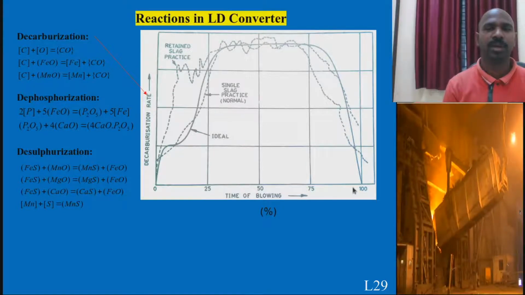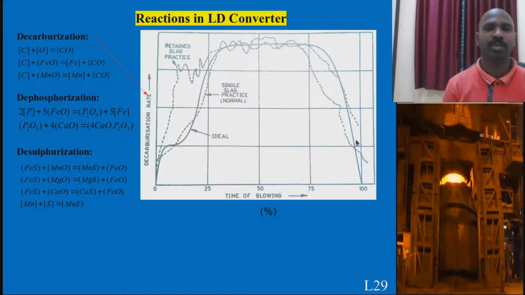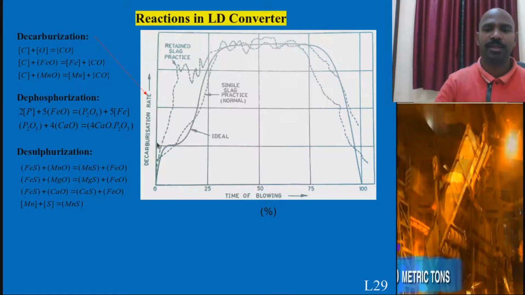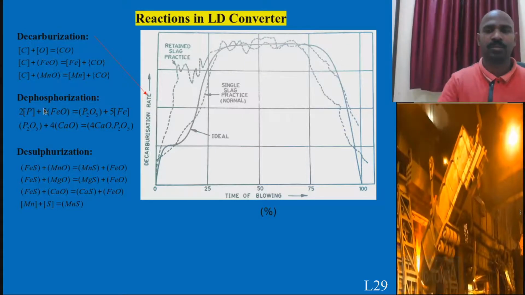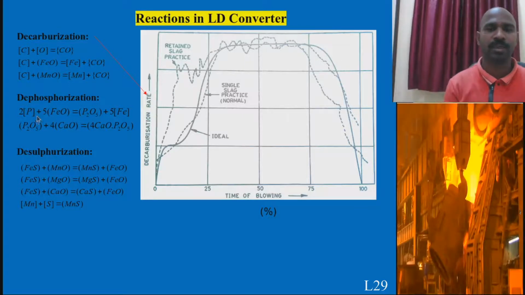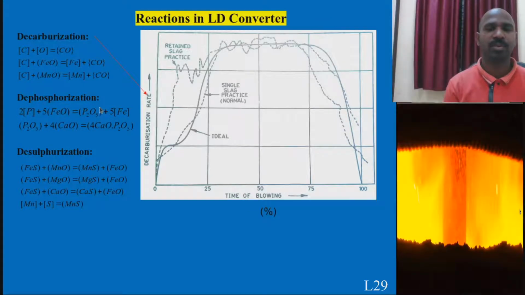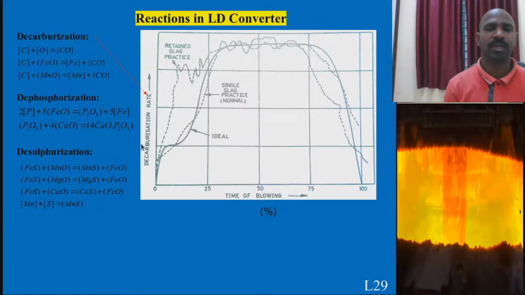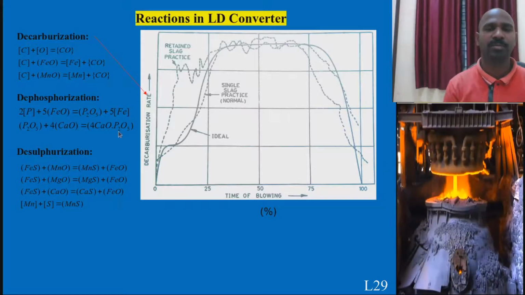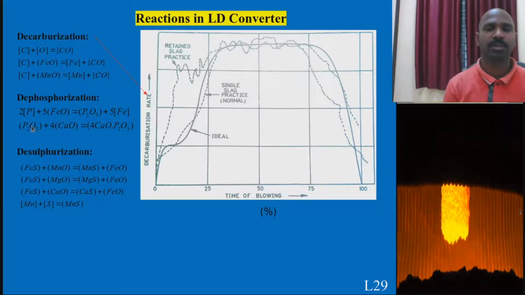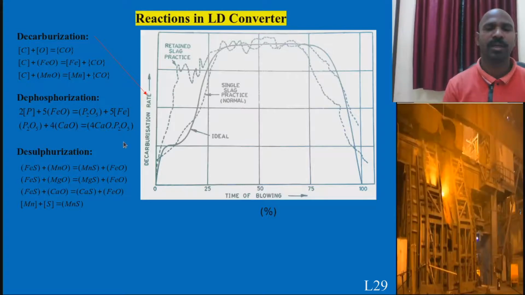For example, after 100 minutes the carbon is reduced very much, and dephosphorization will also occur. How do you understand this? FeO will react with the phosphorus in the pig iron and give P2O5 as a liquid slag, and iron remains in the liquid steel. Similarly, CaO also favors the removal of P2O5.